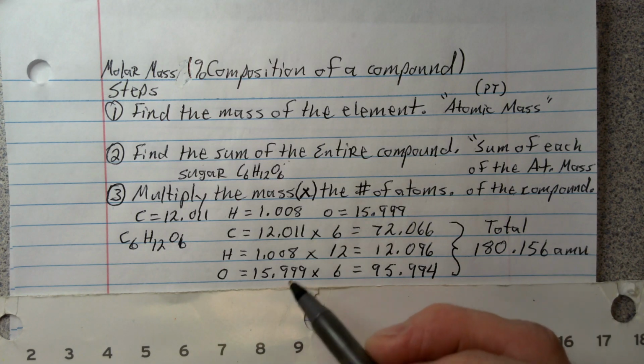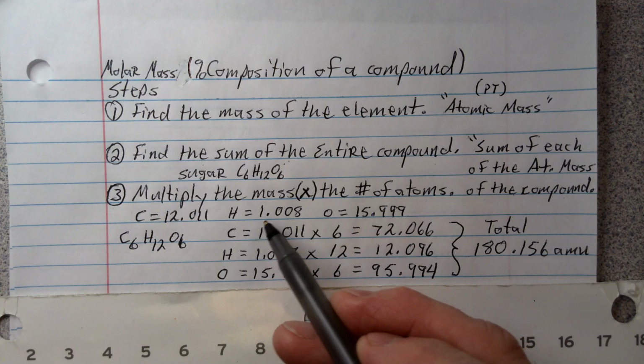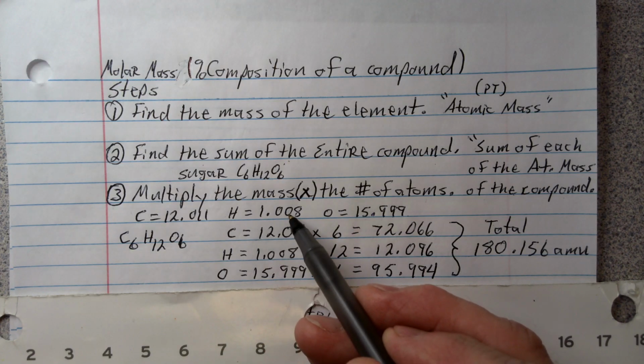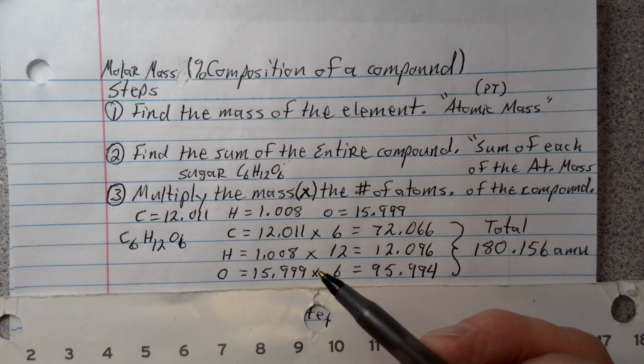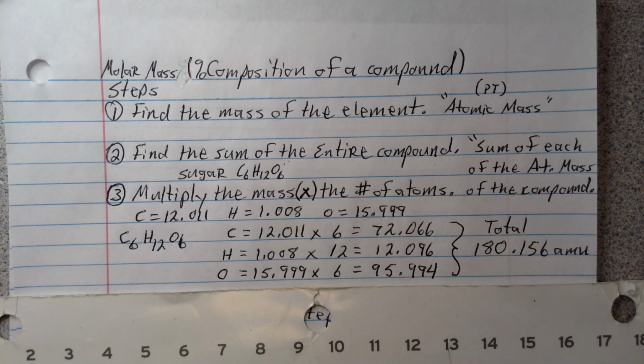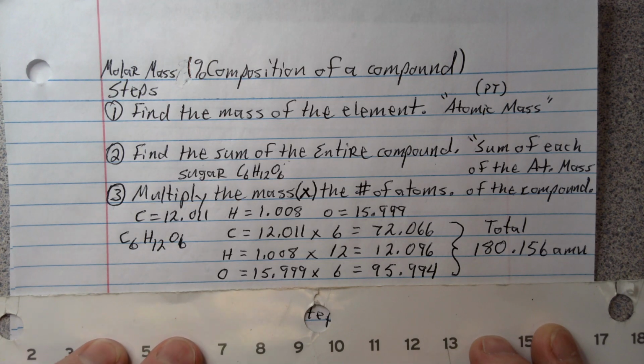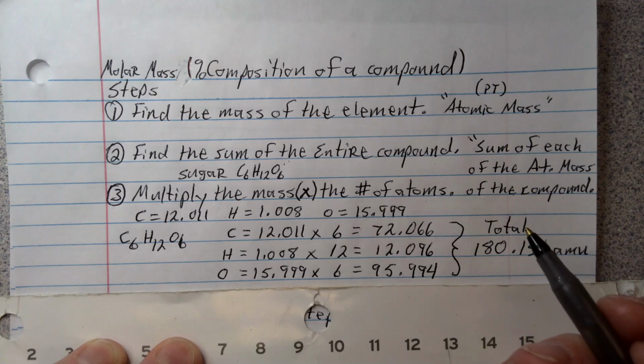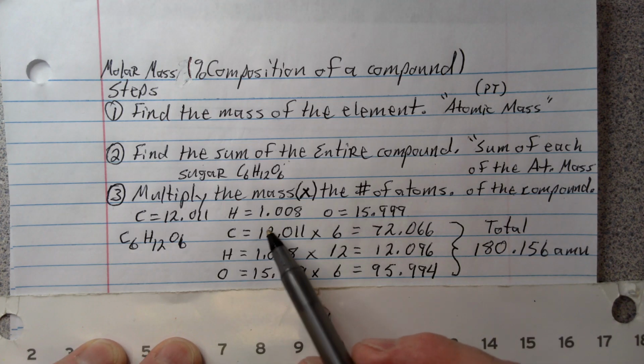Notice that our limiting factor is going to be hydrogen because it only has 1, 2, 3, 4 sig figs. Sig figs are important whenever we're working a problem in molar mass because they're such a small number and not always easily obtained. So, we look at this one first.